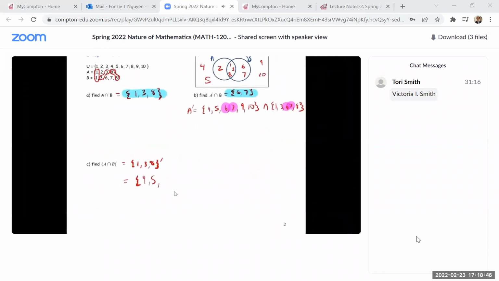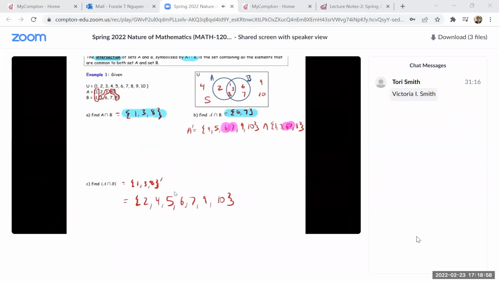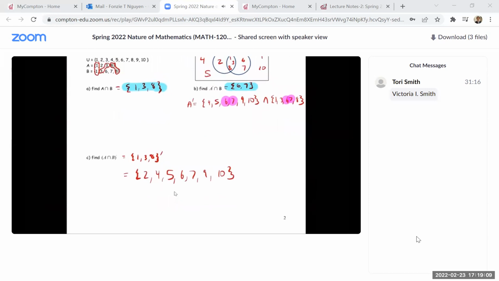It doesn't have to be in any order, but 2, 4, 5, 6, 7, 9, 10. So in other words, it's just everything that's outside of 1, 3, and 8. All right, so that's how you find complements.